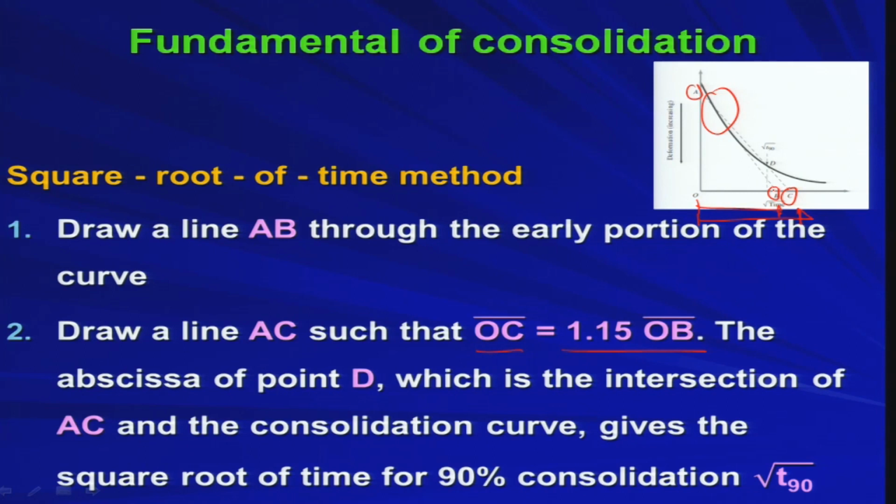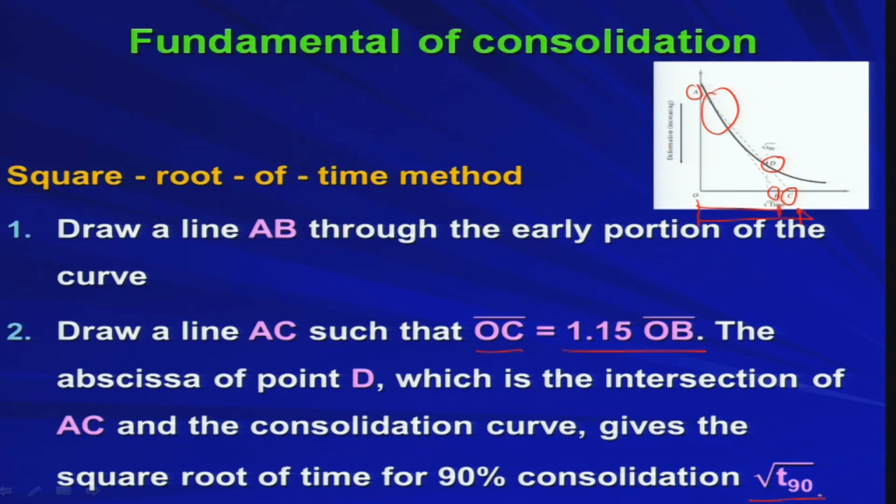The abscissa of point D, what is point D? It is the intersection of AC and the consolidation curve. You have drawn line AC and it intersects the consolidation curve at point D. So, we pick that point D. The abscissa of point D gives the square root of time for 90% consolidation.